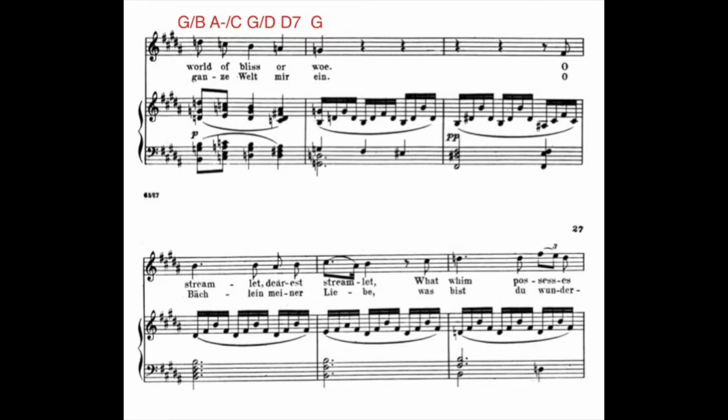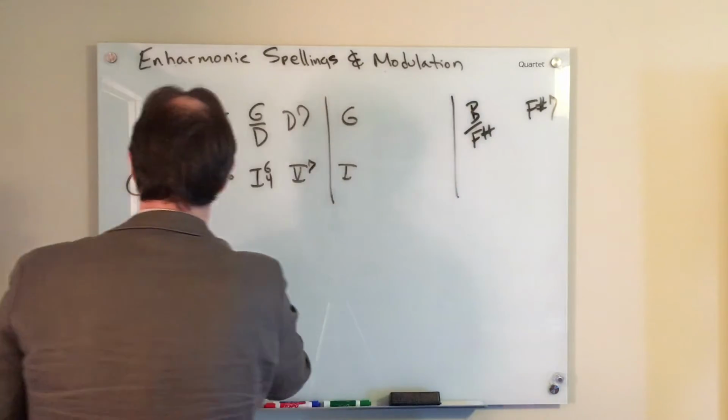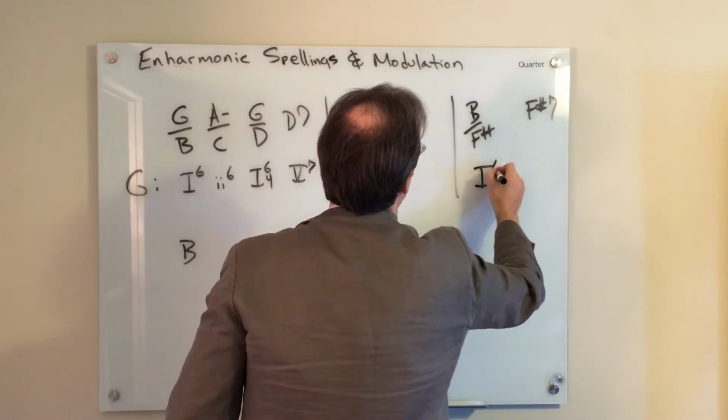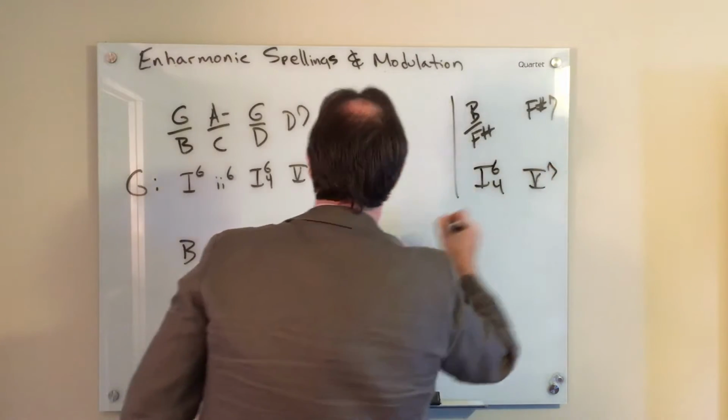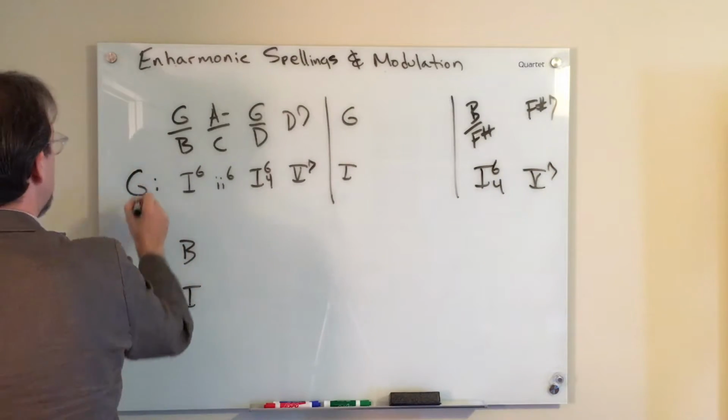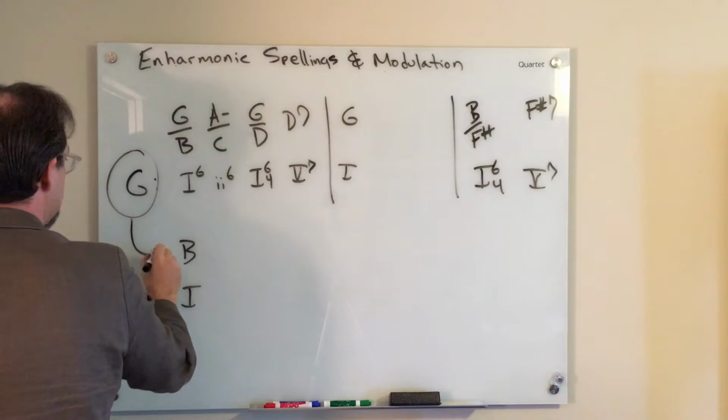Then we have right here, it looks like a B triad with F sharp in the bass, right? So I'm not going to do the first measure where all the 16ths start. I'm going to leave that part and move forward. We have that followed by an F sharp 7 on the third beat. And then when we go to the next system, a very clear B major triad. So this sounds like 1-6-4, 5, 1 in the key of B major. And that's exactly what it is. 1-6-4, 5-7, 1.